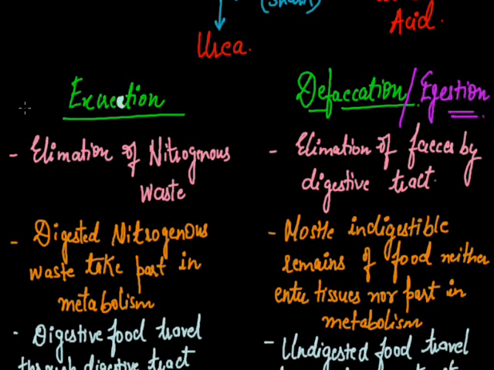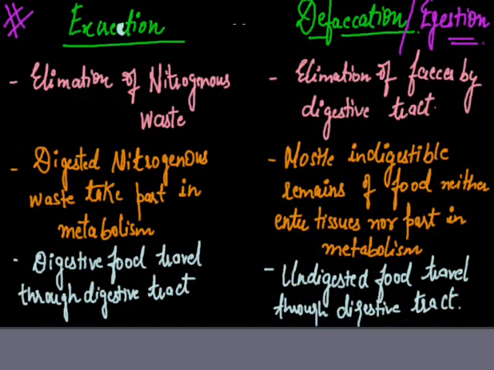So the main difference between excretion and defecation is this, that in excretion the nitrogenous waste removed from the body has participated in the metabolism, while in case of defecation, the food material which is not digested and has not taken part in the metabolism is directly removed from the body. So defecation is also called egestion. This is the main difference between excretion and defecation.